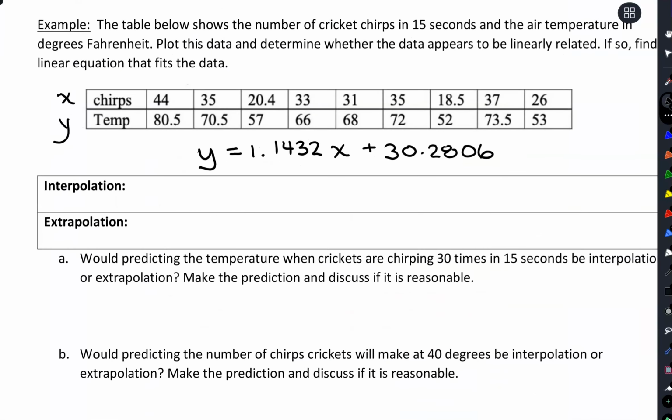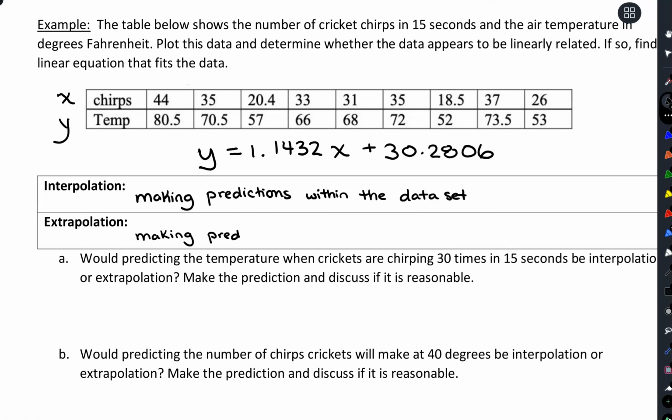So interpolation is making estimates, or let's say making predictions, within the data set. And then extrapolation is making predictions outside of the data set.